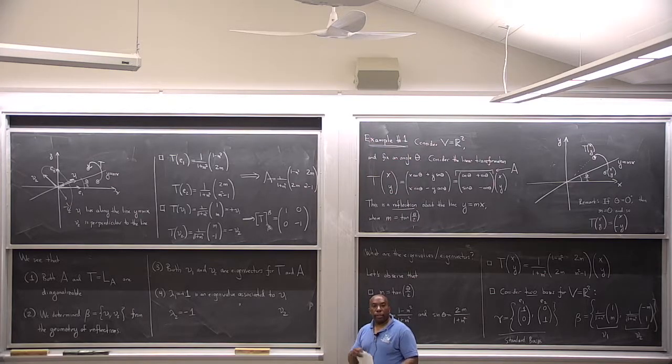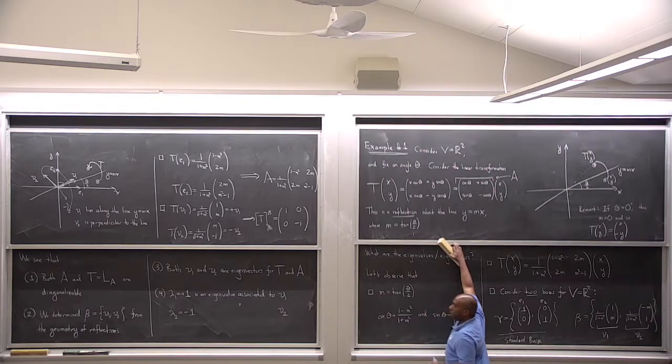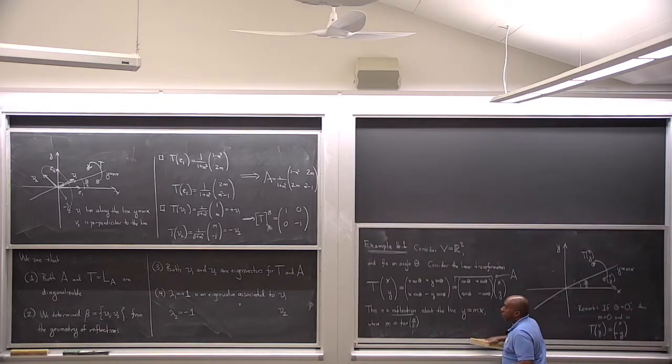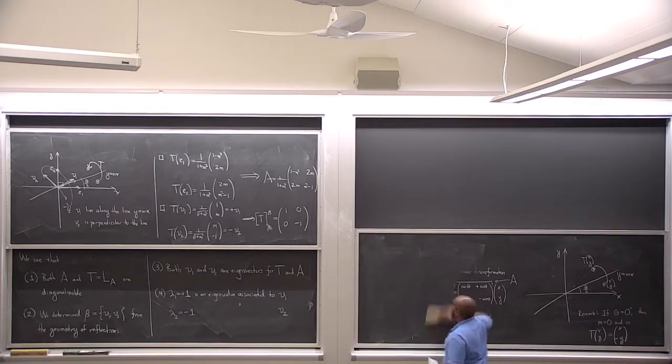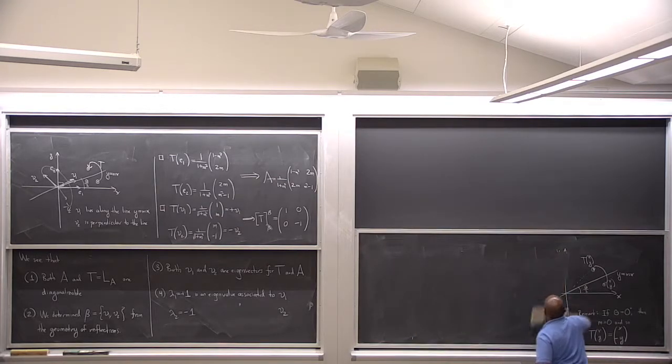So now that we have this example, let's try to see what happens in a very general sense. So from here, I want to try to write down some main properties and see if we can prove some of them.